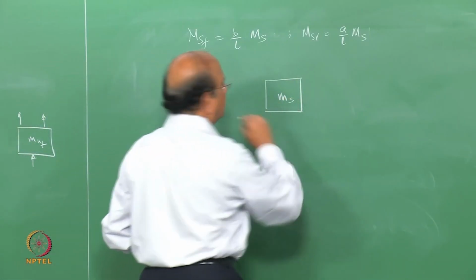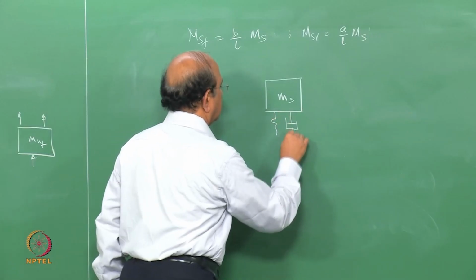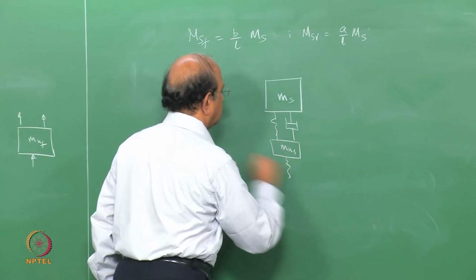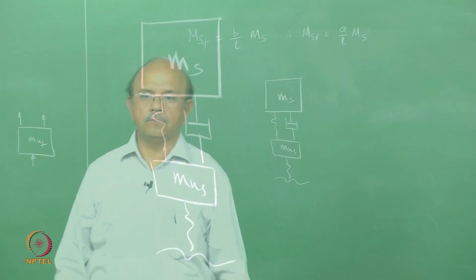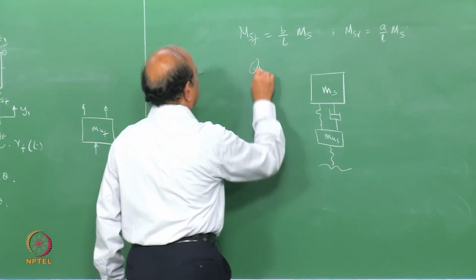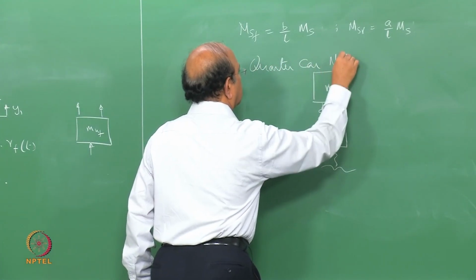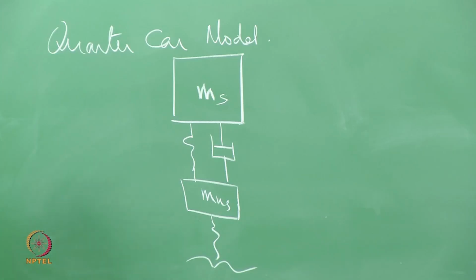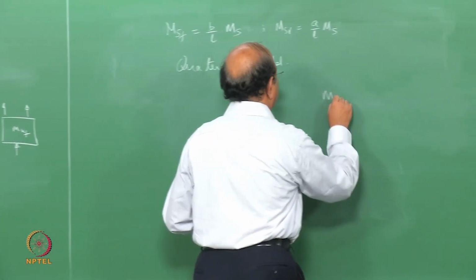So that is our sprung mass, and then that is our suspension, that is our unsprung mass, that is my tire, and the tire is on the road. So that's my quarter car model. Let me write down that.